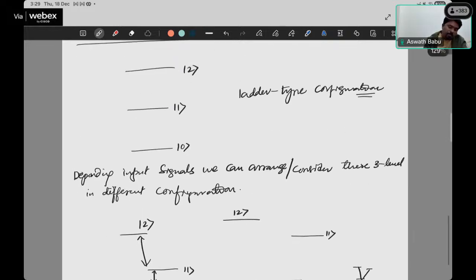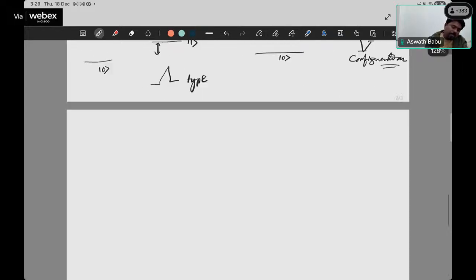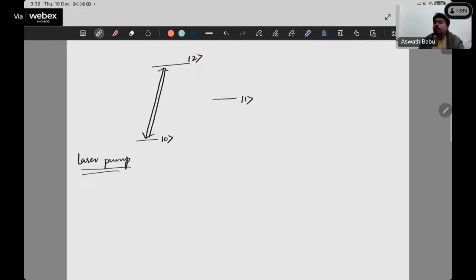Now, the way people take is, let's take a lambda system. Let's say equally spaced, but for my own convenience, I have taken them at different spacings. Now I have a laser. Let me call it a pump laser, or pump beam as they call it, which has an energy that matches the 0 to 2 transition.